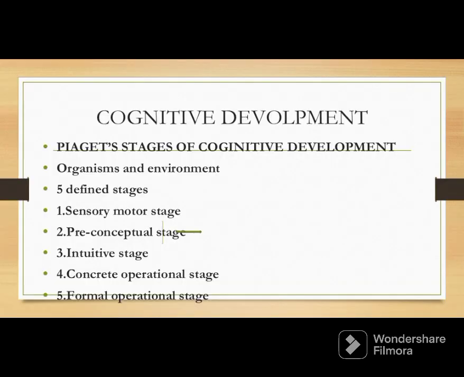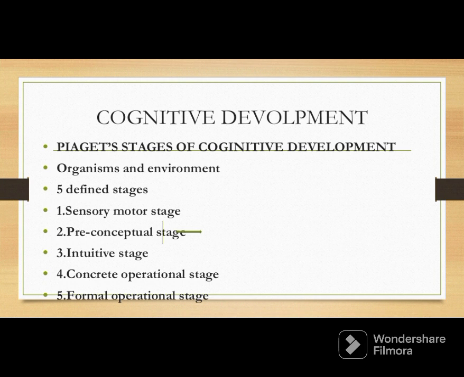As we all know, there are lots of scientists who propagated cognitive development or developmental theories. One of the scientists is Piaget. Piaget is a Swiss psychologist. The full name of Piaget is Jean Piaget, who introduced the term genetic epistemology.